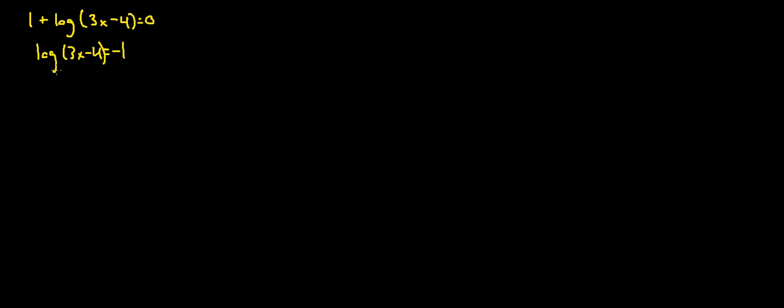And this is a log base 10. So this will become eliminated. I'll be left with 3x minus 4 is equal to 10 to the minus first, which is 1/10.